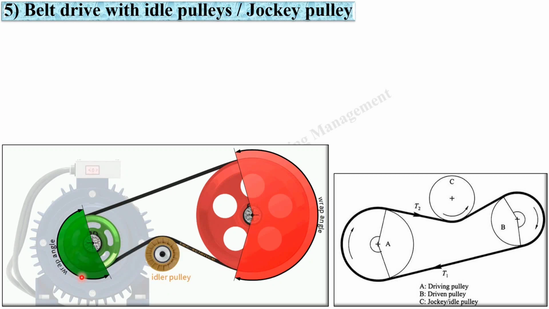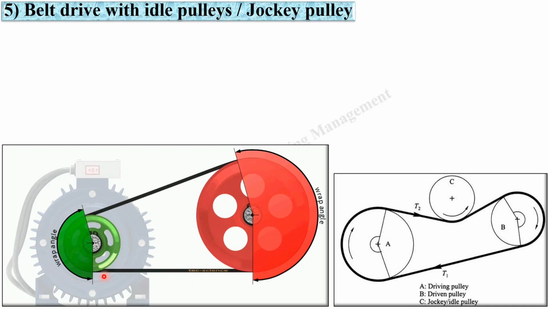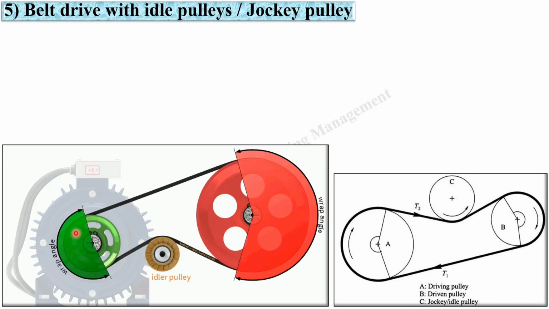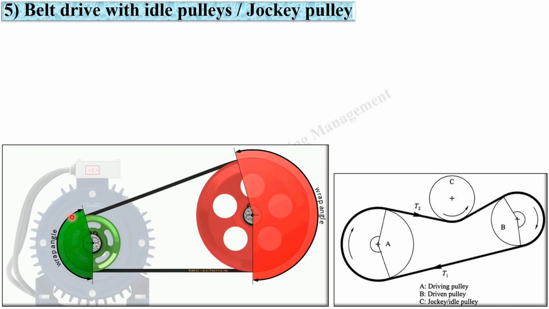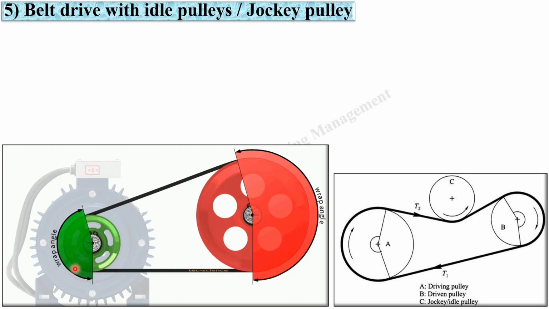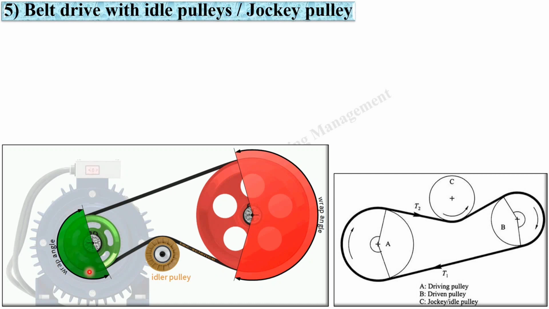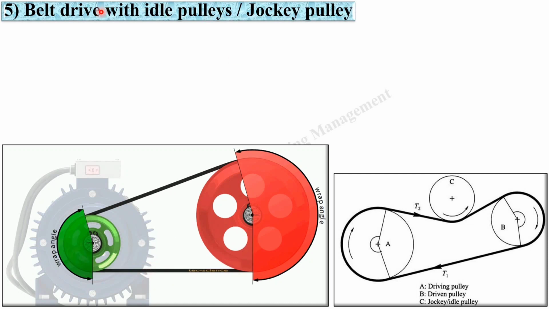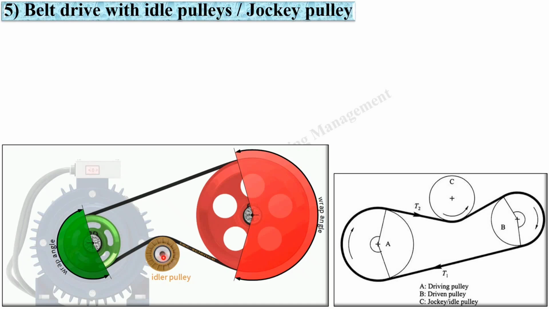Here you can see it is also called the wrap angle. So without the idler pulley the wrap angle is less, but by using the idler pulley you can increase the wrap angle. That is the important point for this type of arrangement. So this pulley is also known as the jockey pulley.